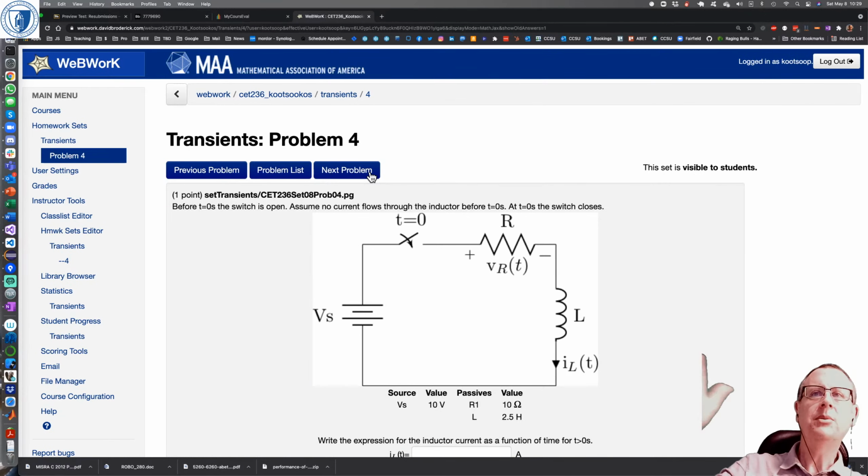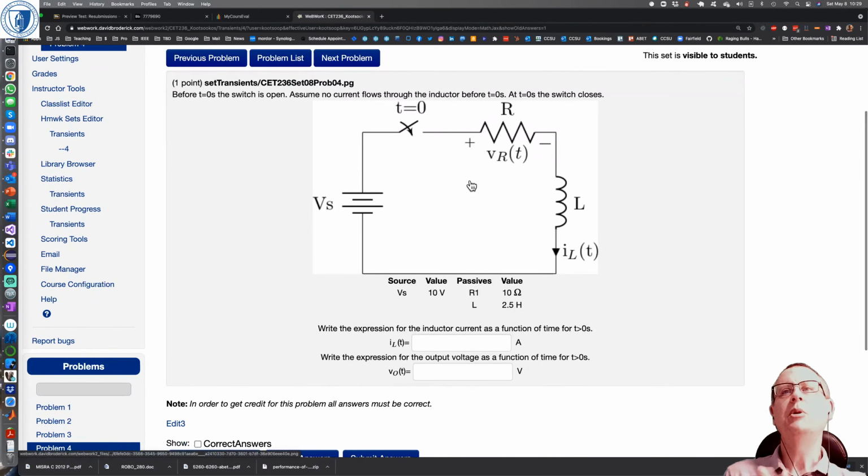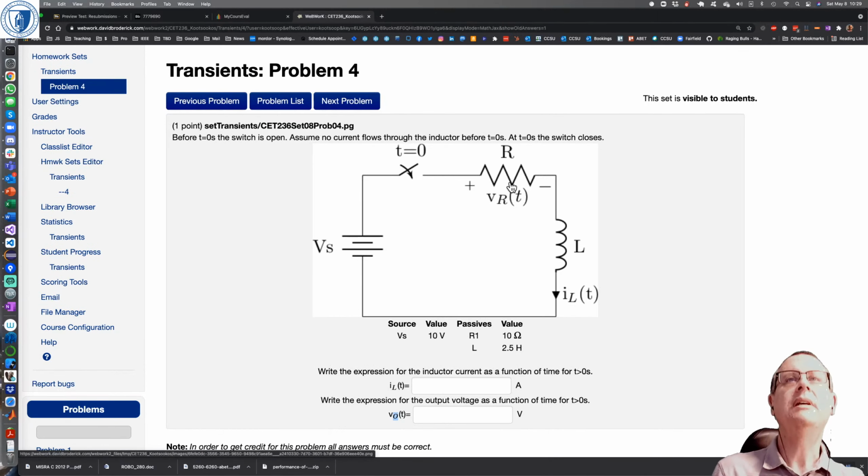At time t equals 0, the switch closes. Then we want an expression for IL. Now this one's a bit tricky and it's not properly stated, I think. I think they want VR rather than VO from the looks of things.